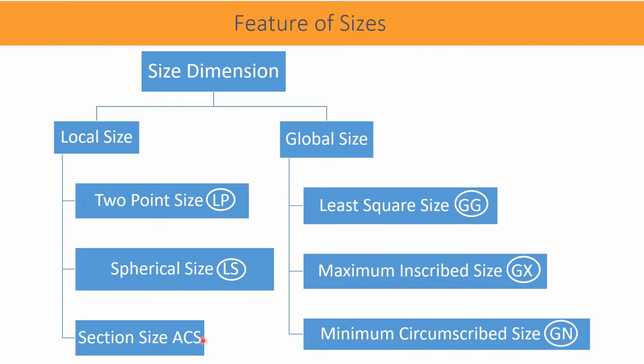Then in the case of global sizes, the important sizes are least square size, whose symbolic representation is G or GG, then maximum inscribed size, which is GX, and minimum circumscribed size, which is GN.